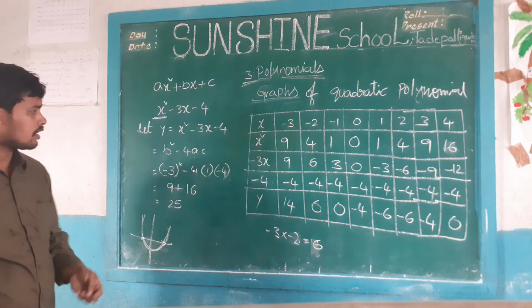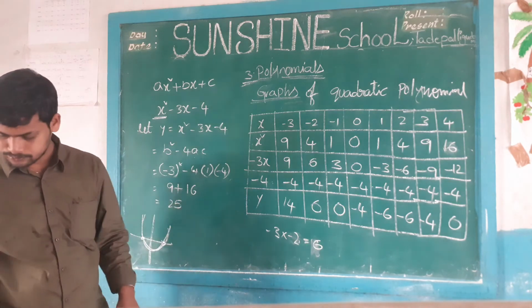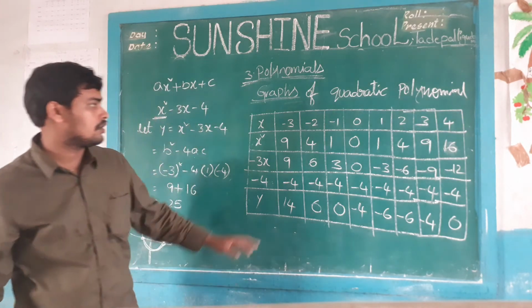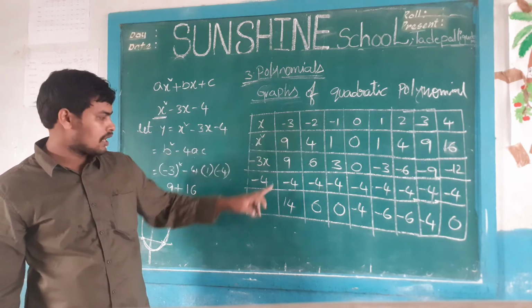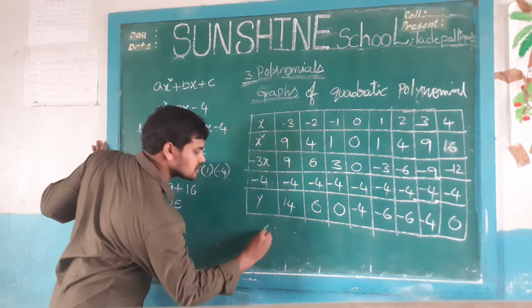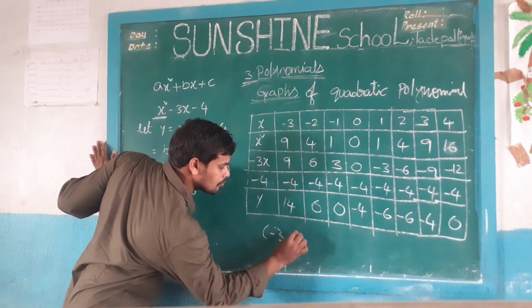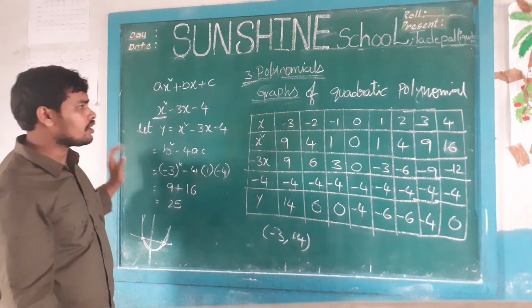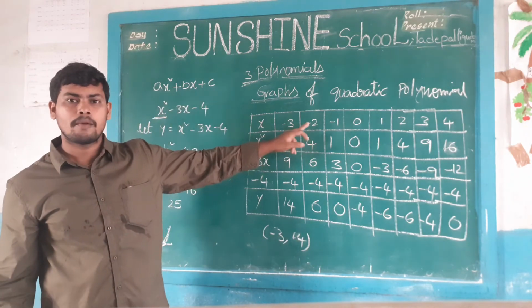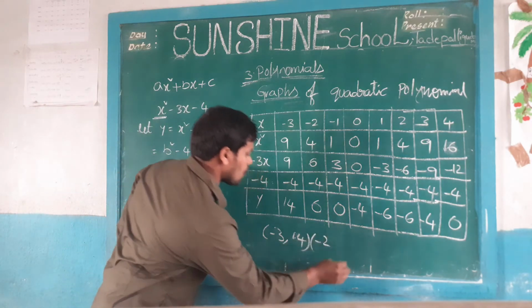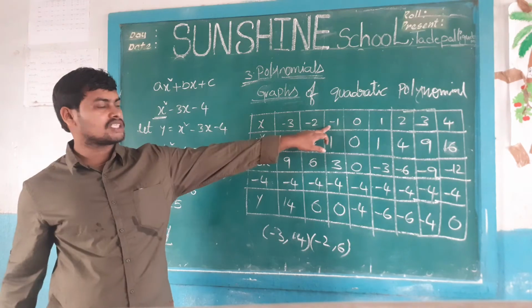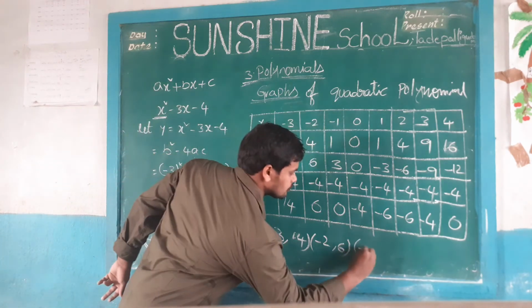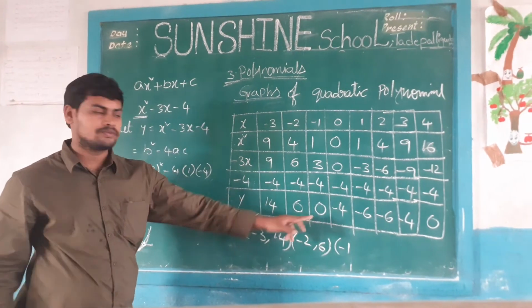Here, what is the value of x? X value is minus 3 and y value is 14. The point is minus 3, comma 14. Next, x value minus 2, y value 6. X value minus 1, y value 0.